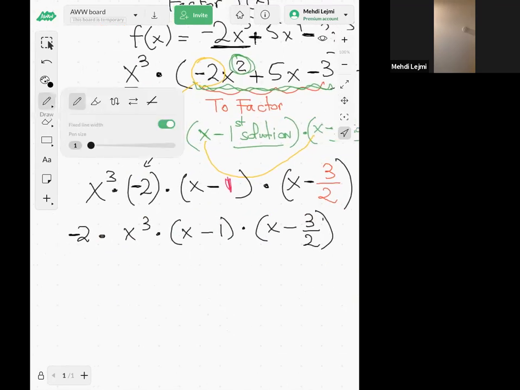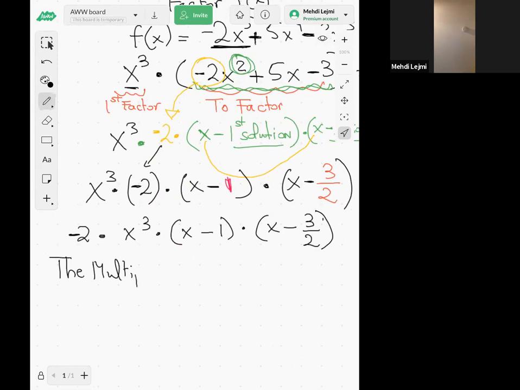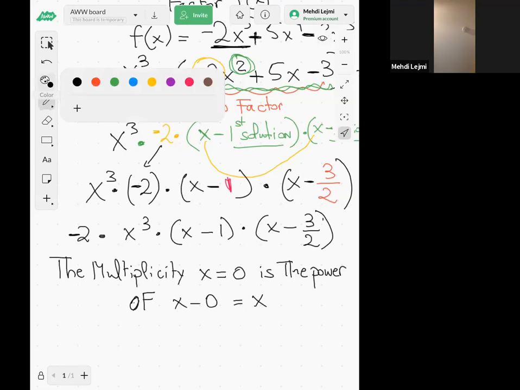So by definition, we said the multiplicity of x equal to 0 is the exponent power of x minus 0. And of course, x minus 0, that would be just x. So what's the power of x here in the factorization? Well, x has power 3, right? So that will be the multiplicity of 0.